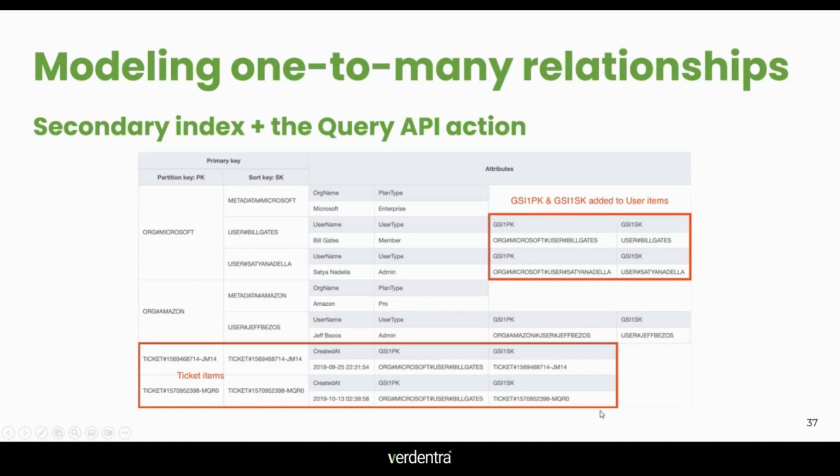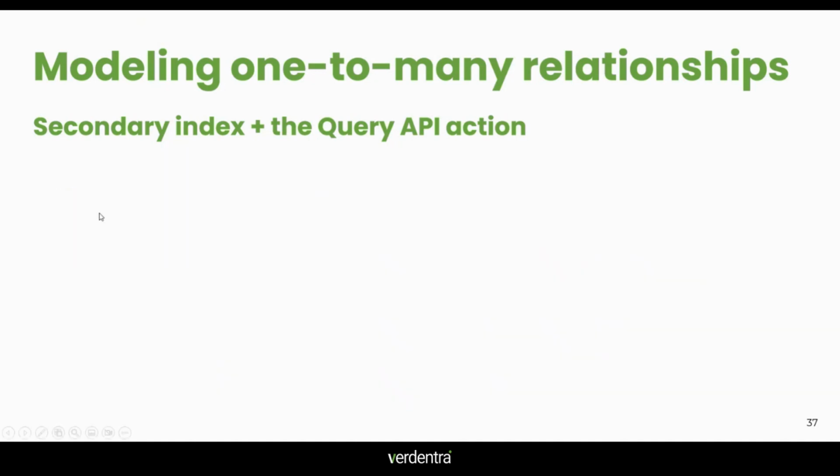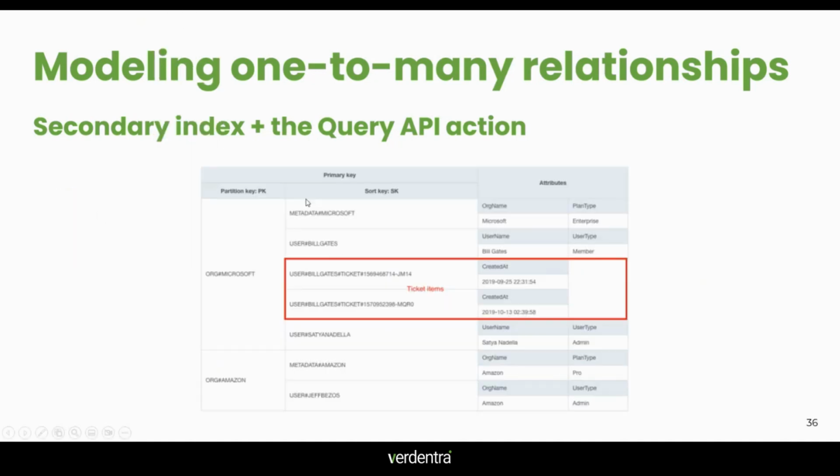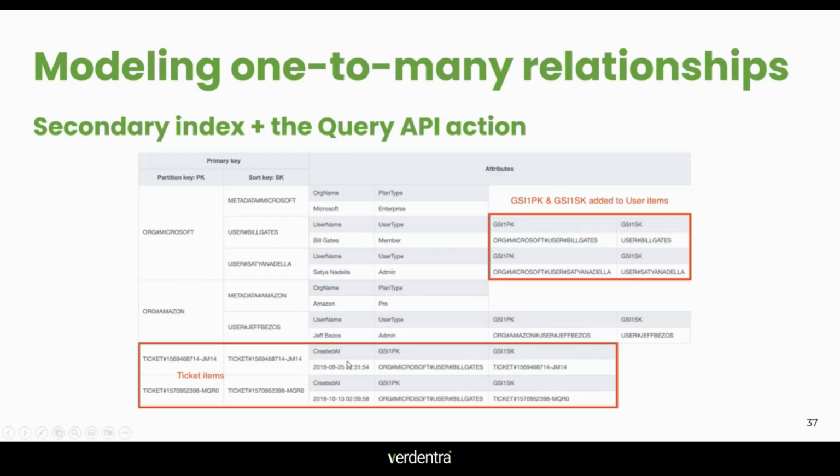So for this GSI, before that, previously you tried to store the tickets this way, but now you're not going to store the tickets that way. In the base table, your PK and SK for the tickets is going to be ticket hash and the ticket ID. So that's an entirely different item now.